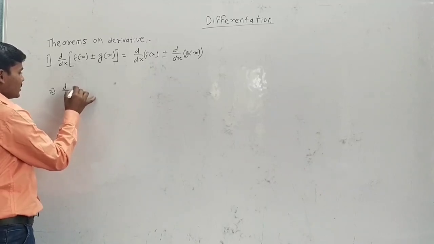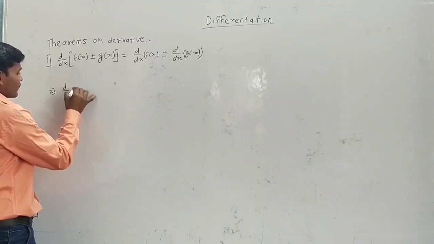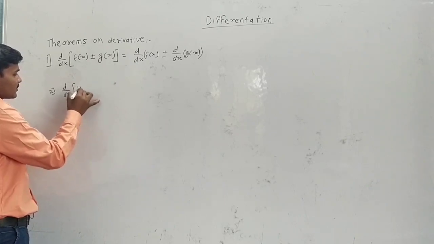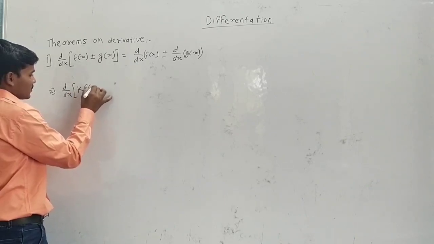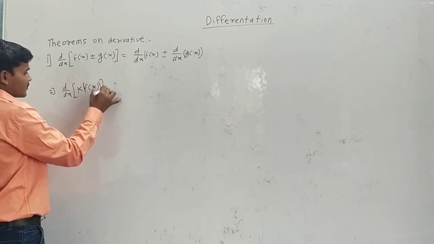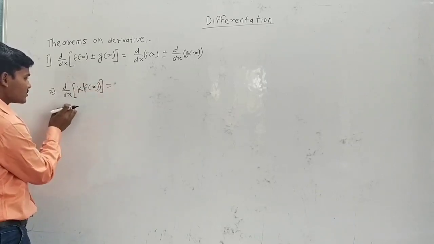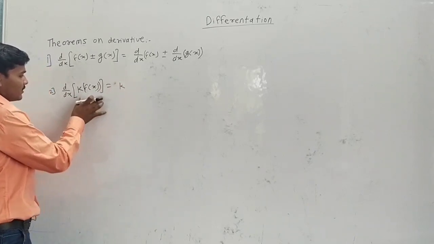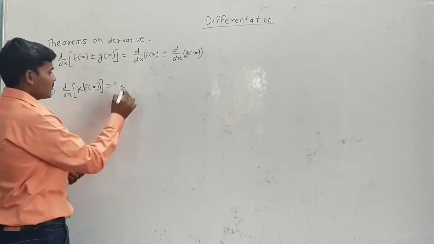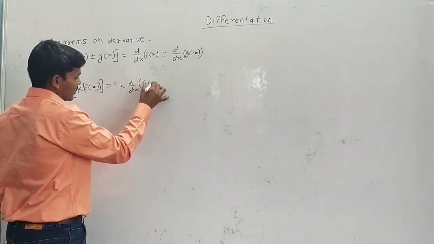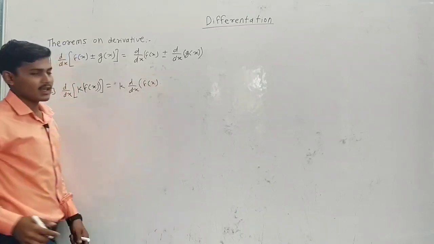For example, if k is the constant and f of x, then k comes out, that is k and the derivative of f of x, that is dy dx of f of x.